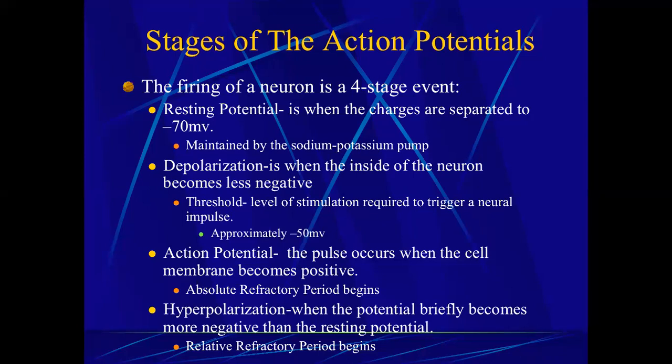So you have to hit threshold for an action potential to occur. Now, when you hit that threshold, you're going to have a spike of neurological impulse temporarily. And we call that the rising phase, or the first half of the action potential.